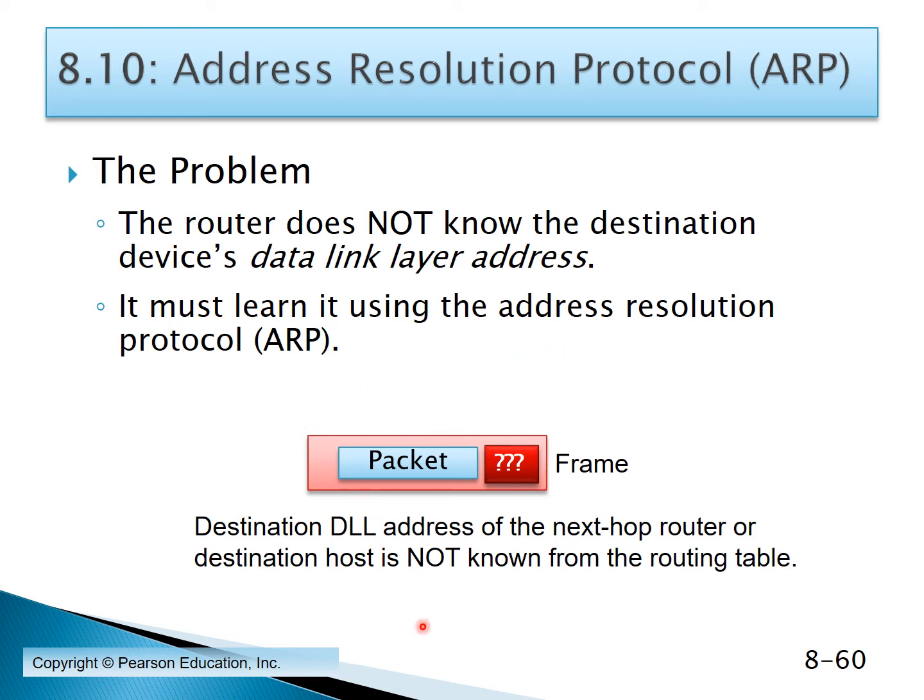That's why we need the Address Resolution Protocol, such that when I put the packet in the frame, I can also put your data link layer address. Normally it's your EUI-48 address. So I need to know what to put there.